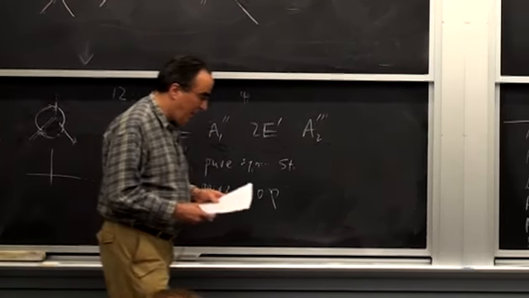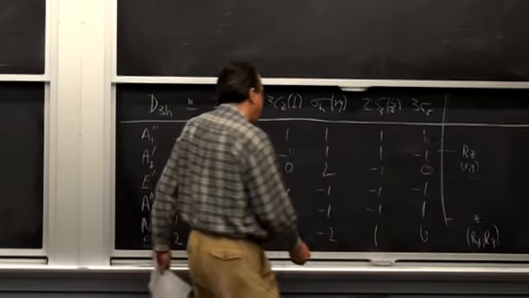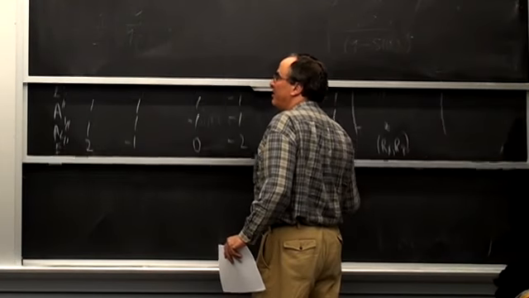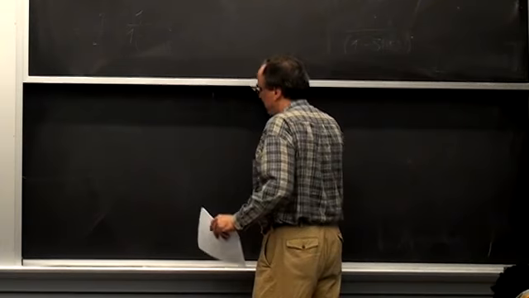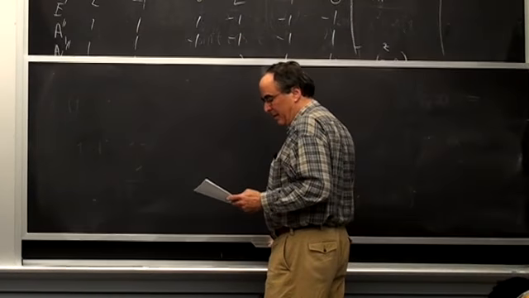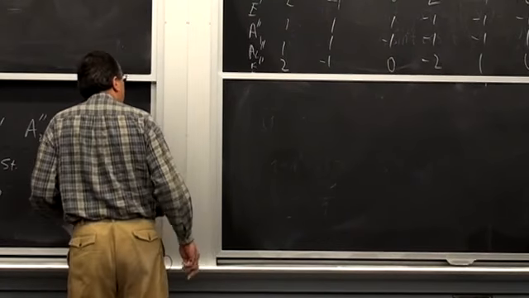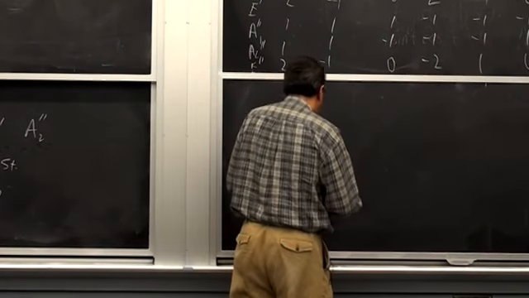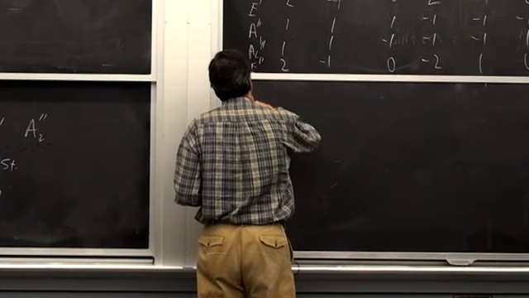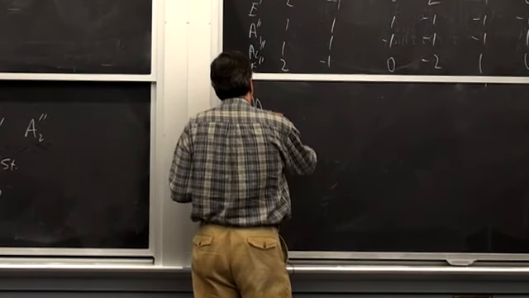And I wish I could do this smoothly and cleanly to impress you with how informative it is, but let's see what we can do. The thing that makes transitions occur is the dipole moment function.